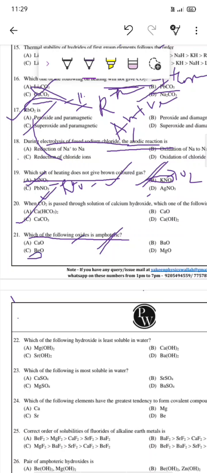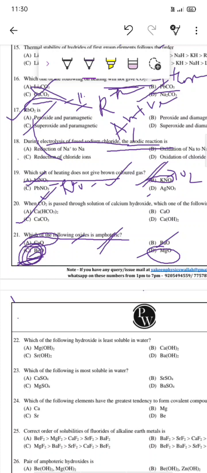So the answer is C, amphoteric. 21, answer C.